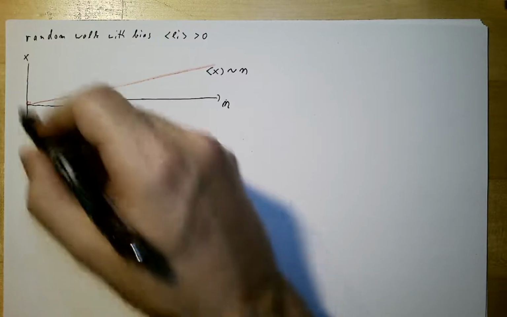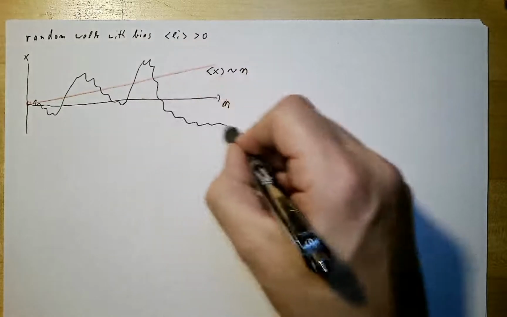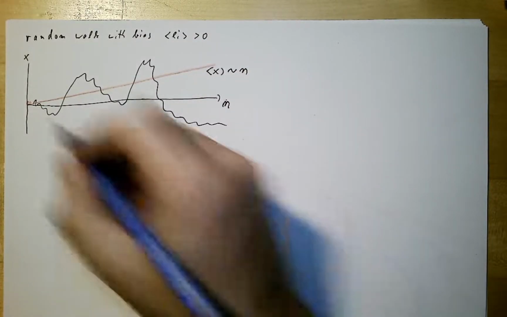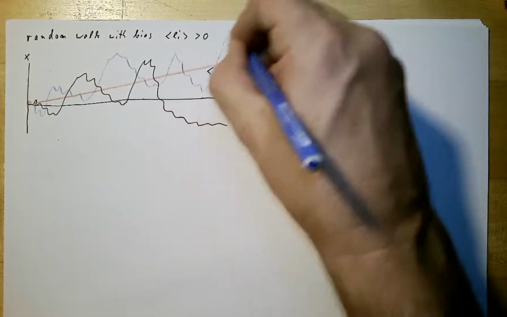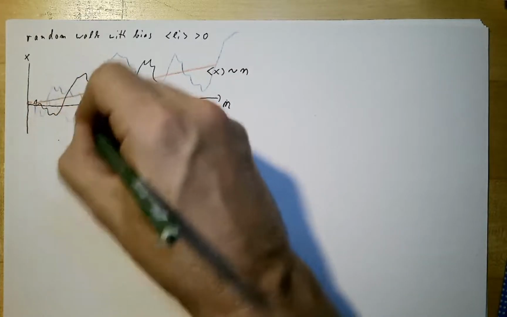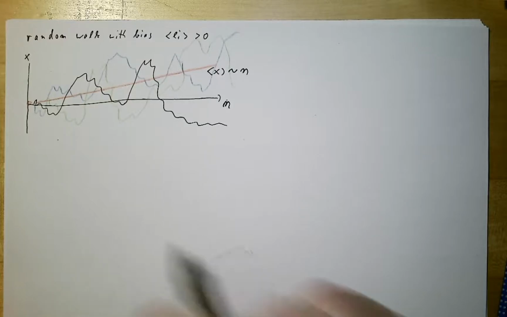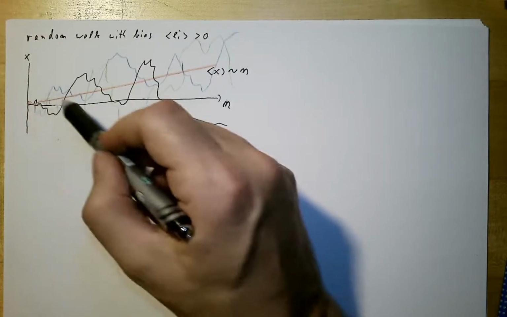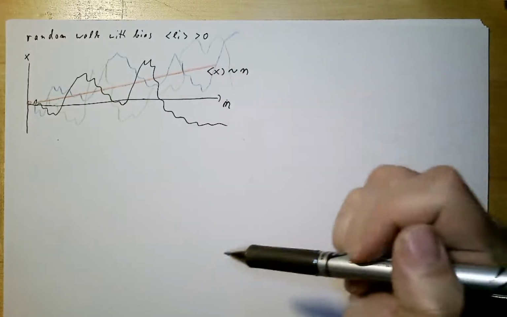But now if we take a realization, the realization might still look like something like this. Another realization might be like this. Another realization might be like this. So we again have different realizations, random profiles which scatter up and down.